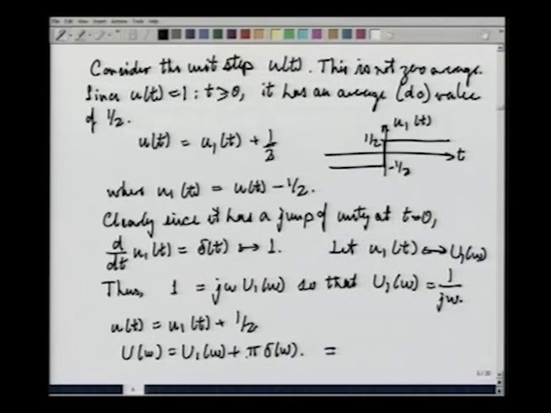That is to say, u of omega equals 1 by j omega plus pi times delta omega. So, this is the Fourier transform of the unit step.